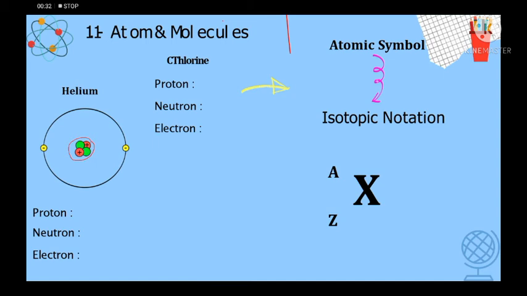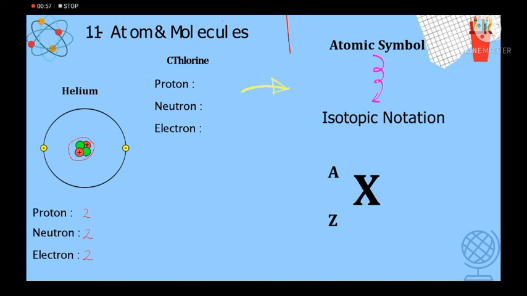For helium, there are 2 protons, 2 neutrons, and because helium doesn't have any charge, the number of protons equals the number of electrons, which is 2 electrons. So this is how you write the subatomic particles for helium.